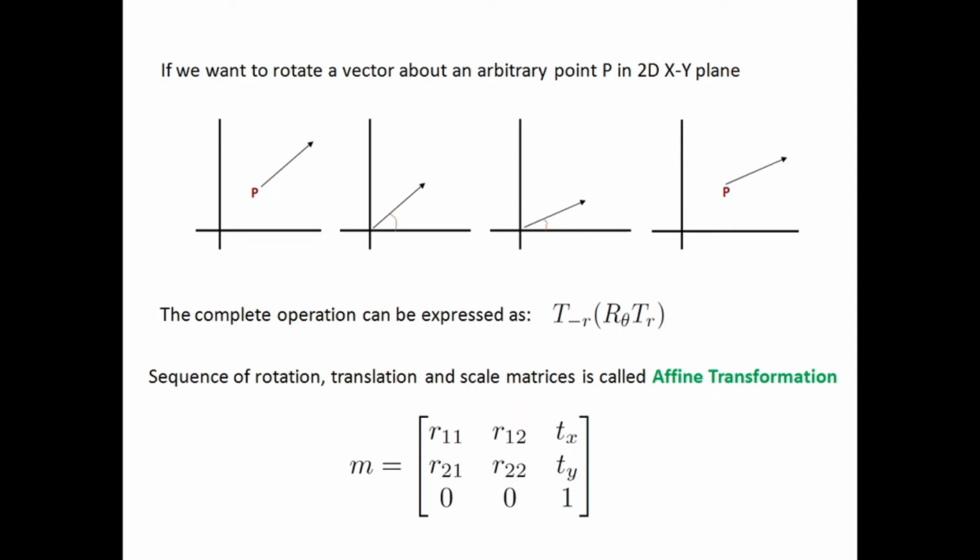Next, after that, I will translate this vector back to its original point P, such that the point at origin is returning to its original point. What is the original point? This is my original point.